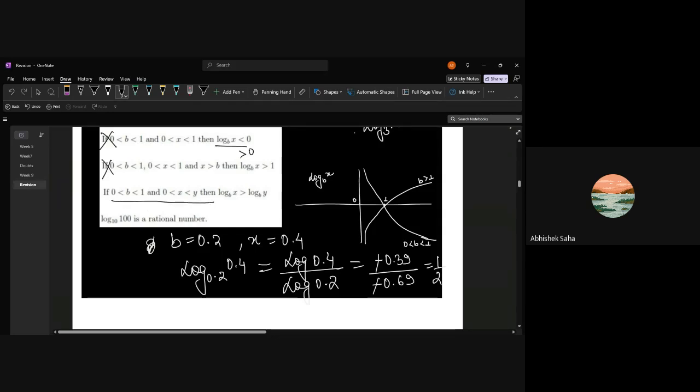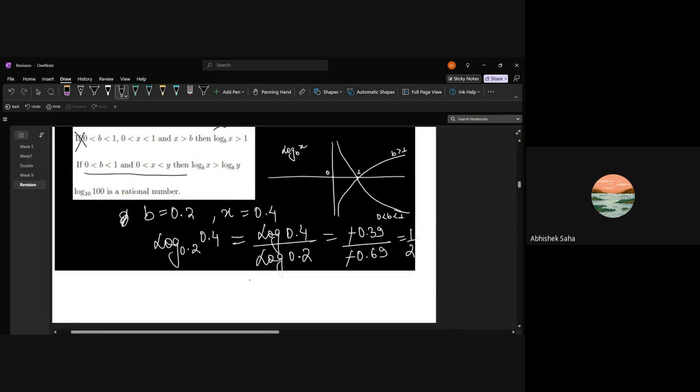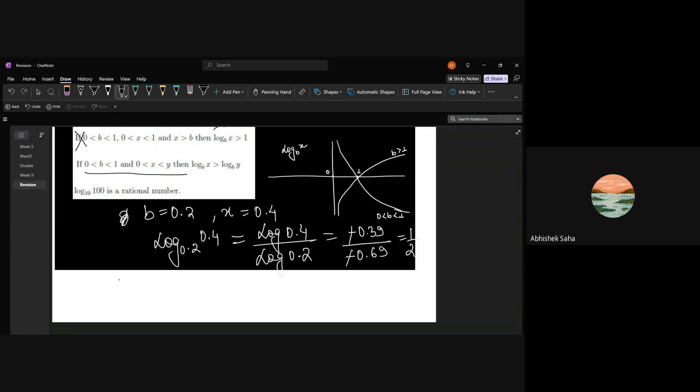What about this one? Now check this. Now b is between 0 and 1, and the value of y is greater than x. So check this option. Let's take any value: x as 1 and y as 2.